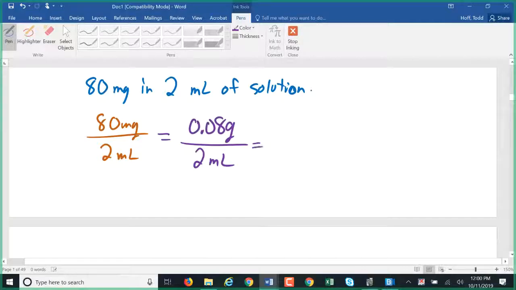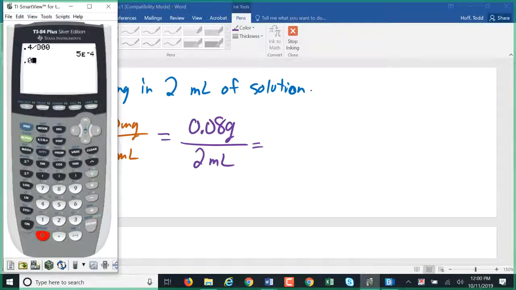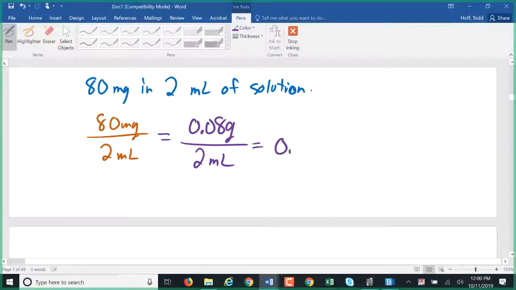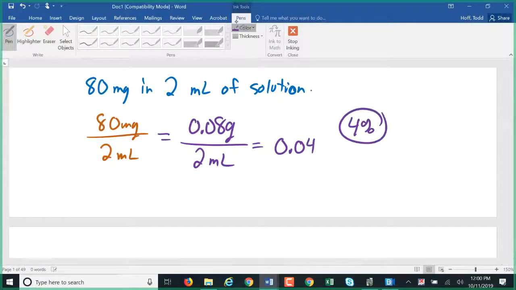So we divide that out, 0.08 over 2 is 0.04, or a 4% solution. Now, for many medications, a 4% solution is actually a high concentration. Many of our solutions are down in the 1.5% to 2% or lower.